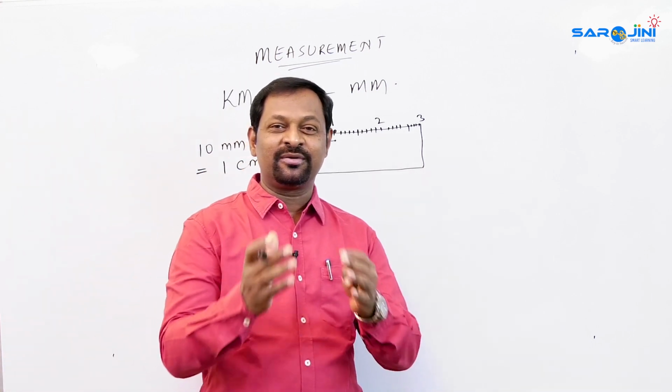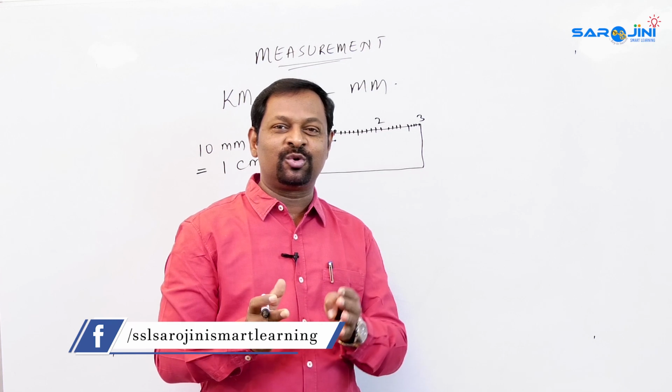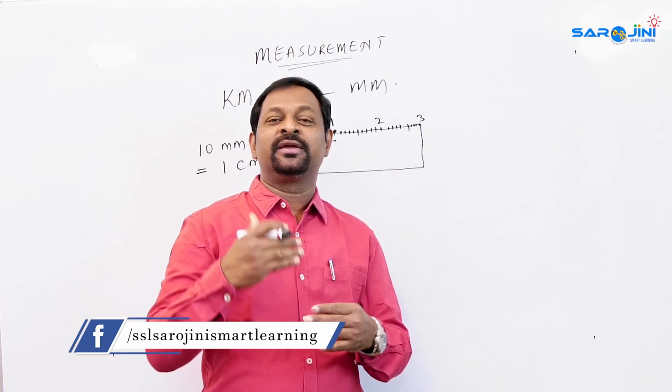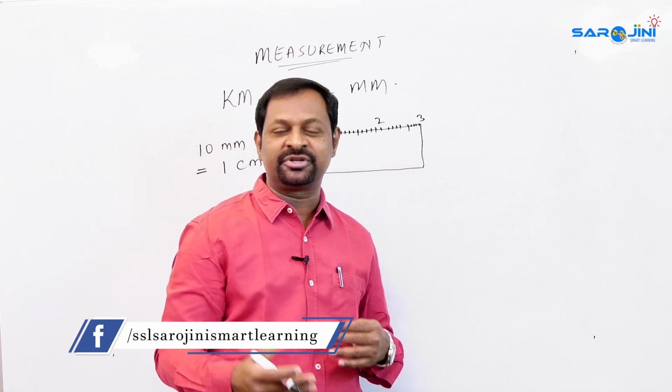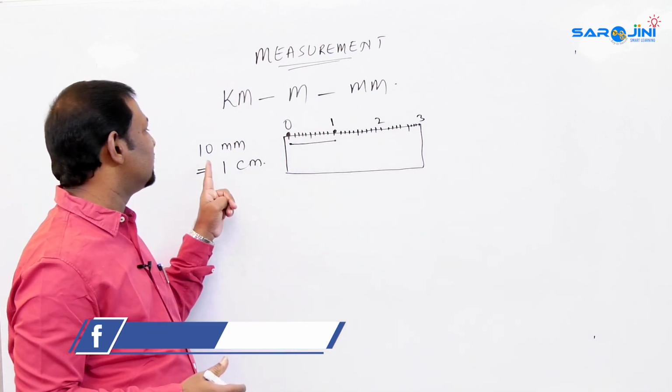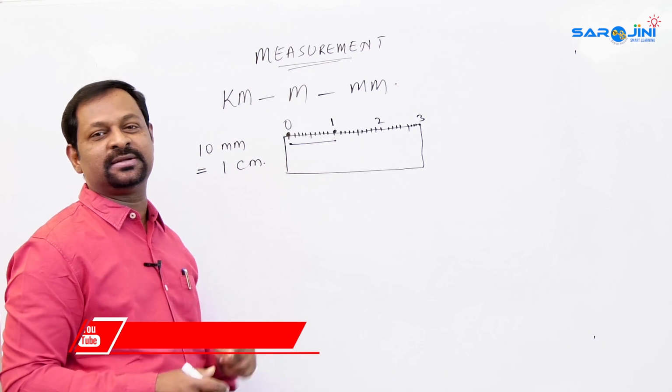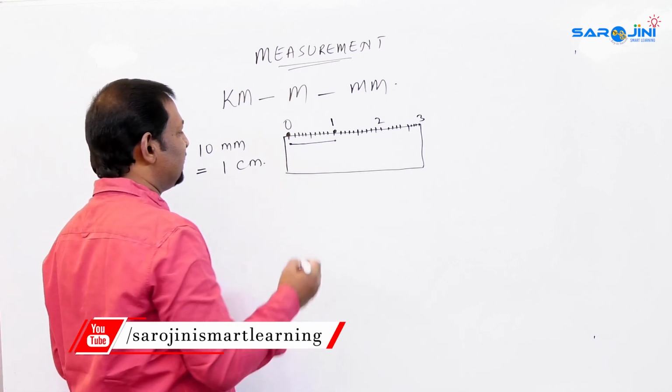Now, first of all, we are concentrating only on millimeters. If you go on adding 1 millimeter up to 10 times, that is 10 millimeters, it makes 1 centimeter.